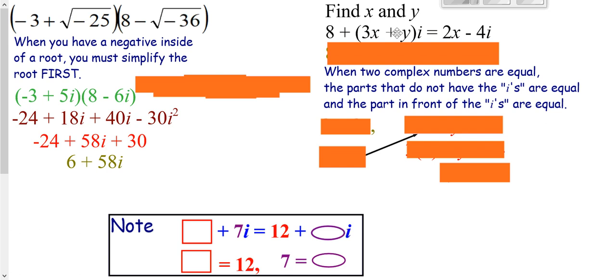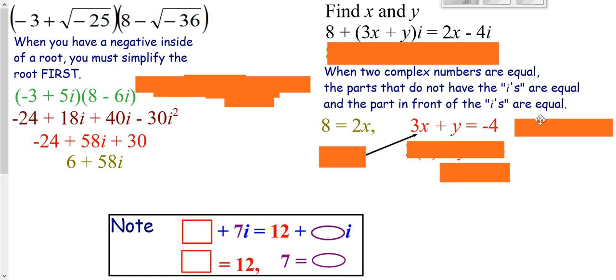Same idea here. The two parts without i's, the 8 and the 2x, have to be equal. And then what's in front of your i's, not including your i's, just what's in front of your i's, so that would be our parentheses, would have to be equal to what's in front of this i of the minus 4. Now, once we can solve this, we can easily solve for x, and we get x to be 4.